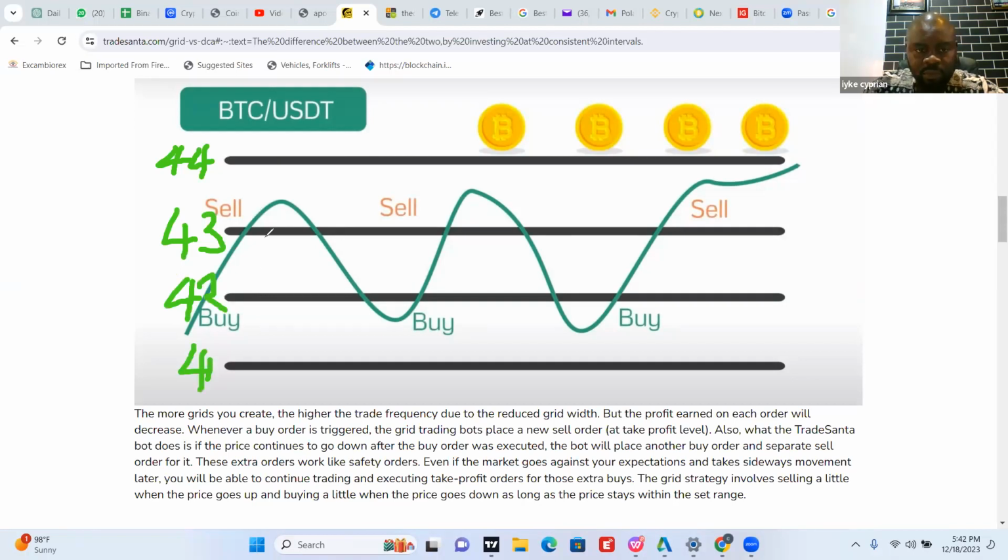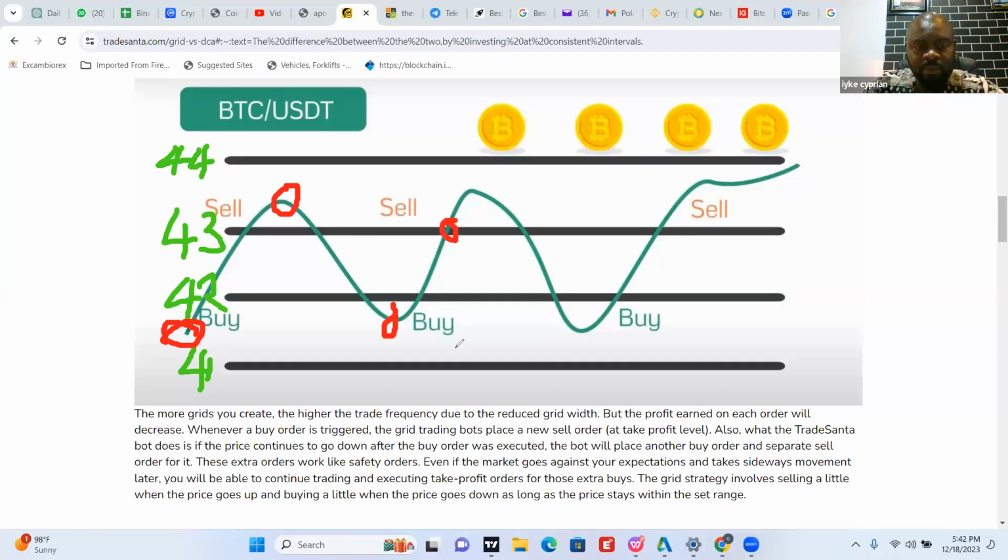Now, for every buy that is made here, this is a buying point. You buy here, you sell here. You buy here, you sell here.